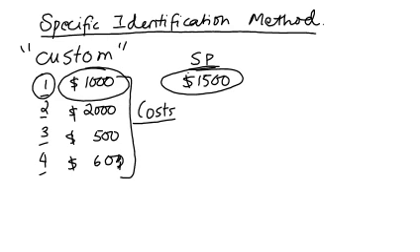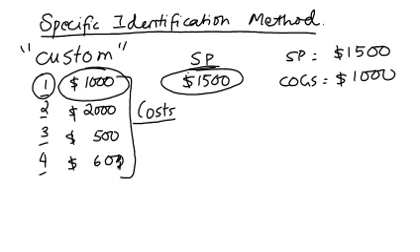So now the specific identification method accounting requires that the sale price be shown at 1,500, the cost of goods sold be shown at $1,000, which is the specific cost of this item that was picked up, and the gross profit is 500.